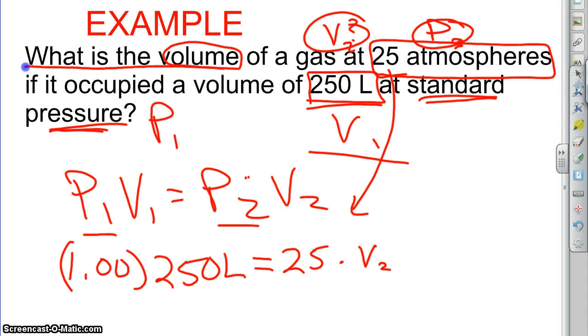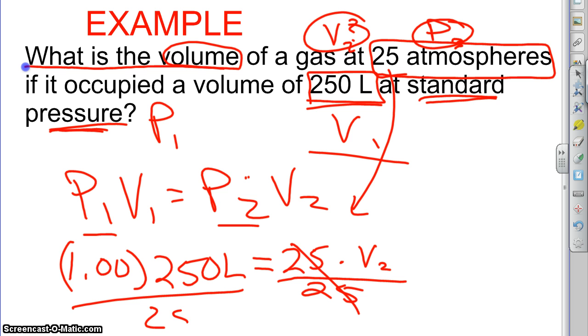So we've got to get the V2 by itself. We're going to divide by the 25 to get the V2 by itself, which means we have to do that to the other side as well. So we have 1 times 250 divided by 25, which I'm going to go out on a limb and say is about 10. So V2 equals 10.